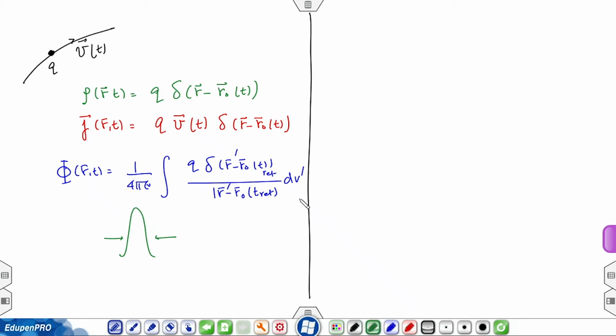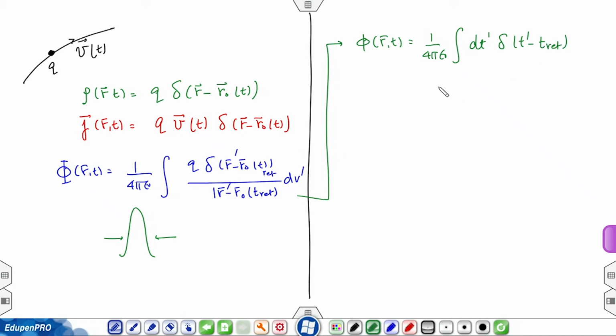What we do is write this as phi(r, t) equals 1 over 4 pi epsilon 0 integral dt prime delta of (t prime minus t retarded), then integral dv prime q delta(r prime minus r naught at t prime) divided by |r minus r naught at t prime|.